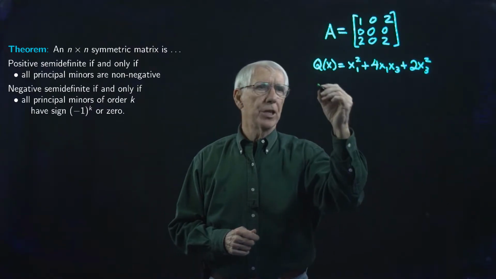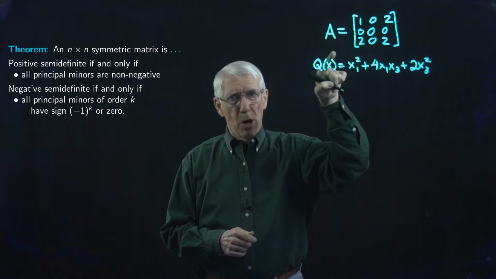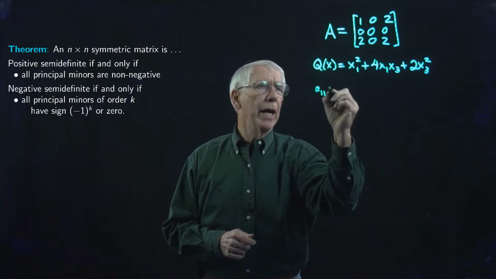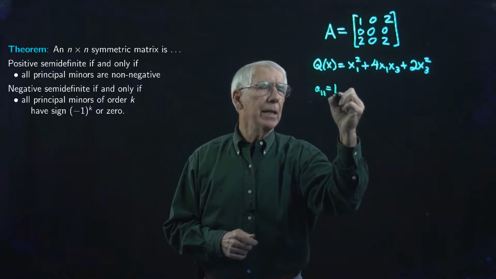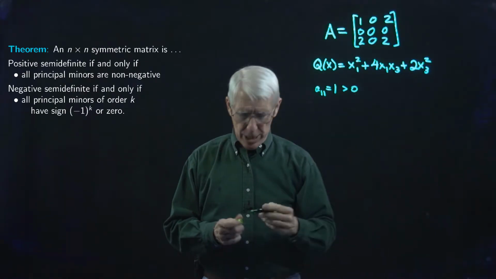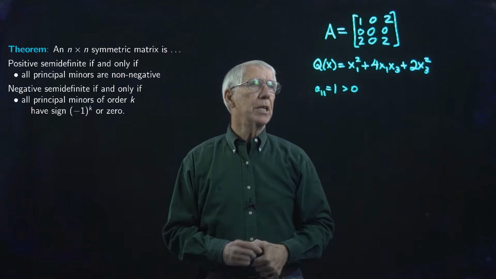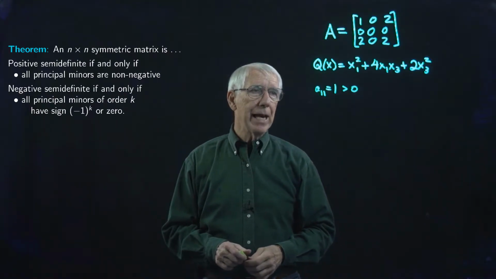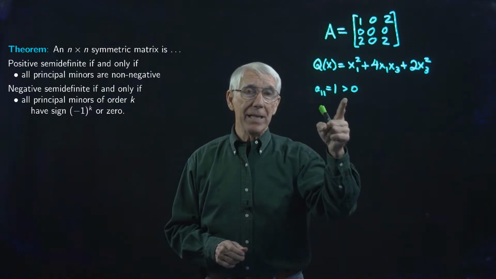And so let's look at our leading principal minors. The smallest order leading principal minor is A11, and that's 1, which is positive. So immediately I know that this quadratic form is not negative definite and it's not negative semi-definite.